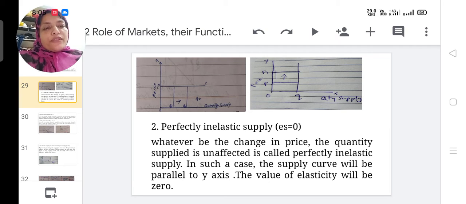The value of elasticity will be 0. Therefore, we can represent ES equal to 0. If any change in price does not affect quantity supplied, it is called perfectly inelastic supply. In such a case, the supply curve will be parallel to the y-axis.